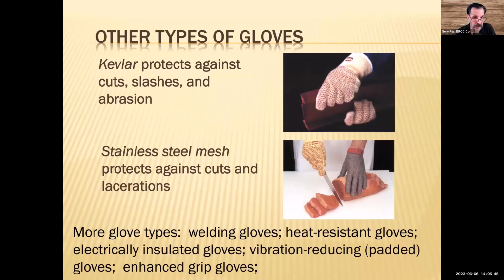The welding gloves that a welder would use are much thicker leather. They're much longer and bigger to prevent the embers from getting inside the cuff of the glove. There's heat-resistant gloves. Well, the welding gloves are somewhat heat-resistant too, but there's other ones that are even more resistant to heat.